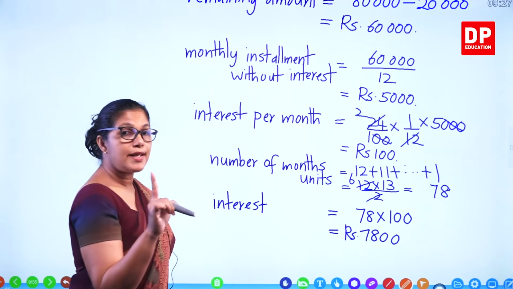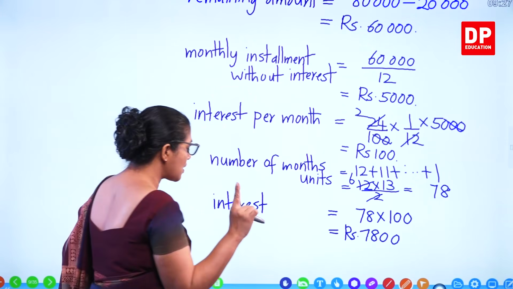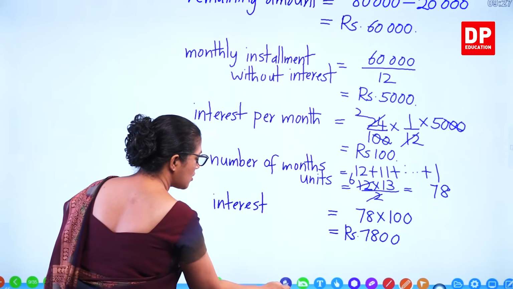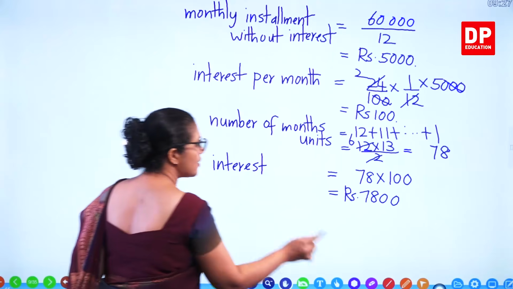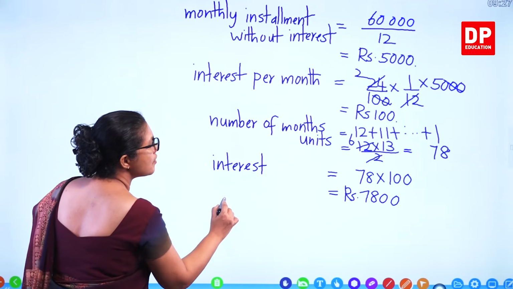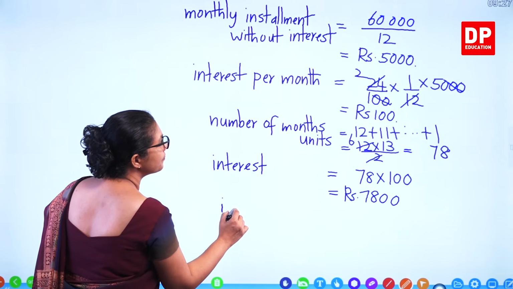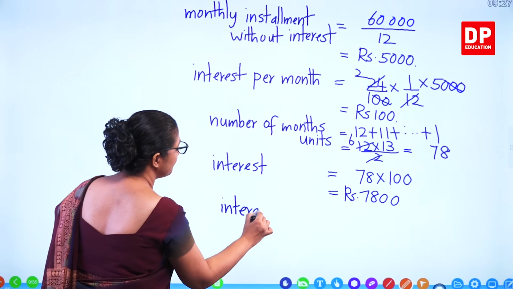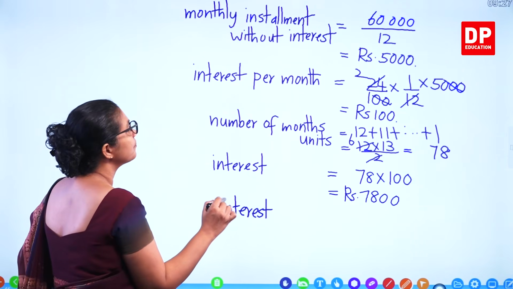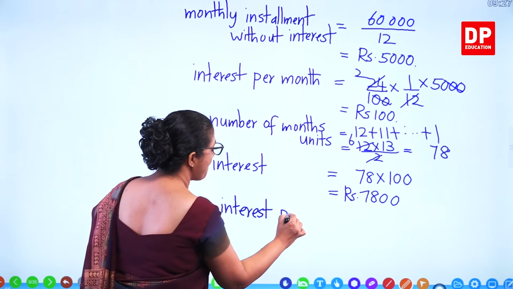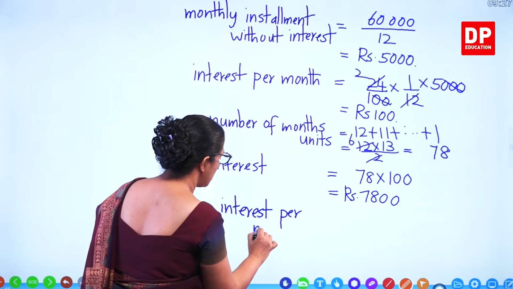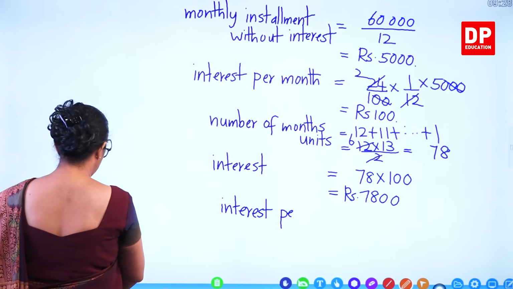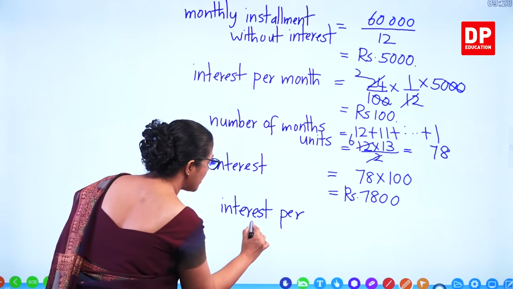Now you can find out the interest per installment. So what's the interest per month unit? We'll write interest per installment.